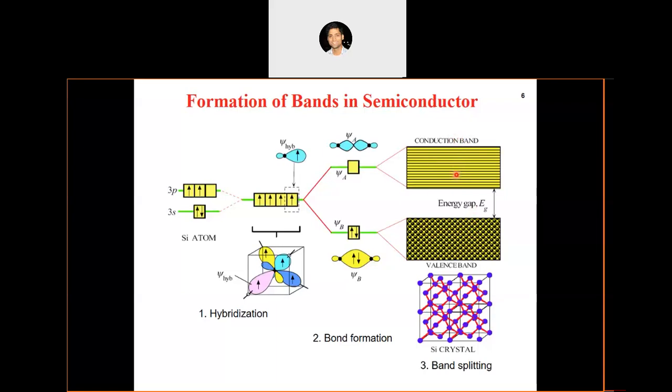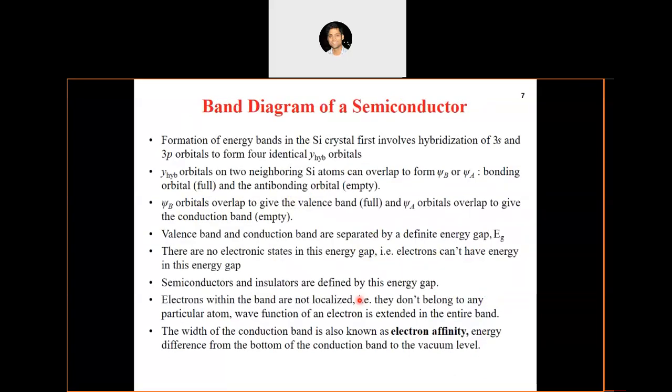Once an electron reaches the conduction band, it can participate in electrical conductivity. But as long as it is in the valence band, it cannot participate because all the energy states are occupied. We will discuss this in more detail in the upcoming slides. So let us go through these points one by one.